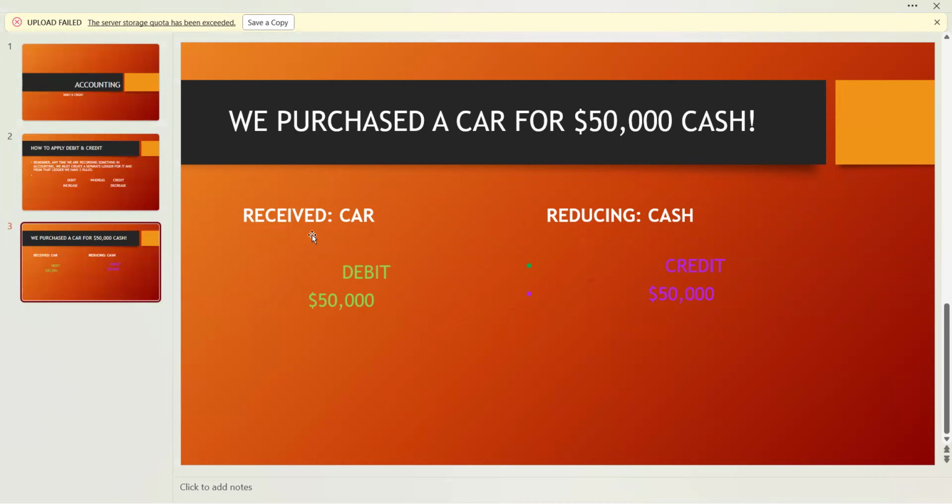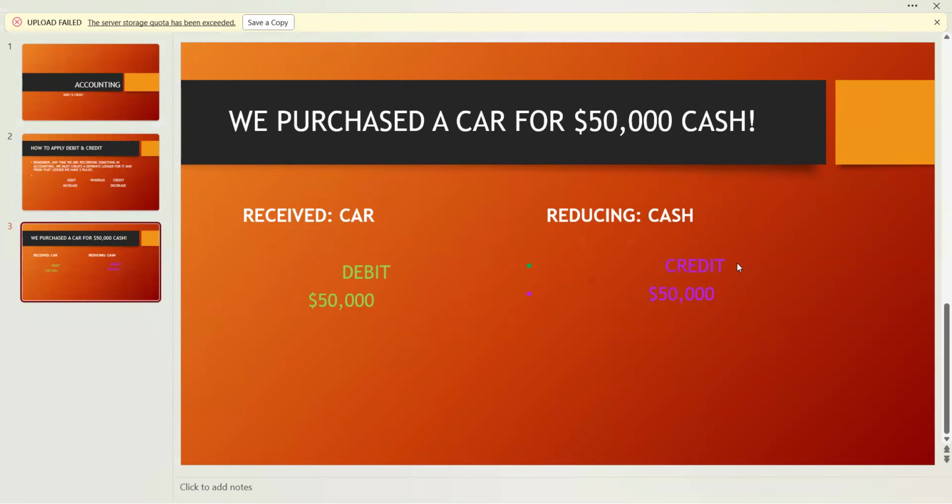So when you create your ledger, you're gonna put car and debit at $50,000. You receive the car, and debit means $50,000. Remember, in accounting, it has to be equal. That's why you put credit $50,000 and debit $50,000. So you receive the car for $50,000, which is a debit side, and you buy with your cash.